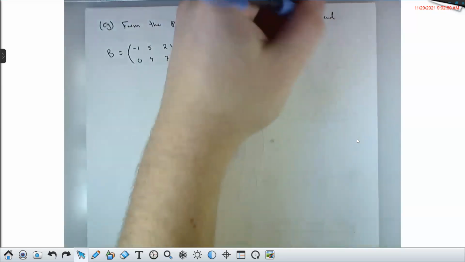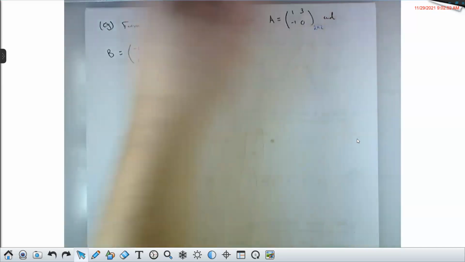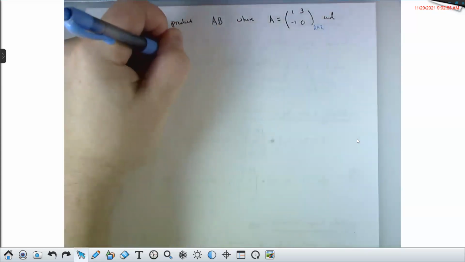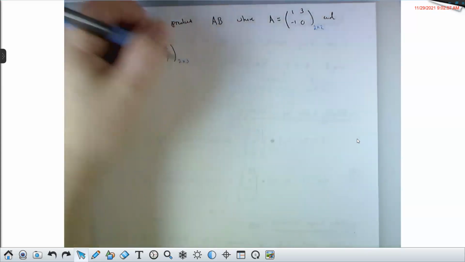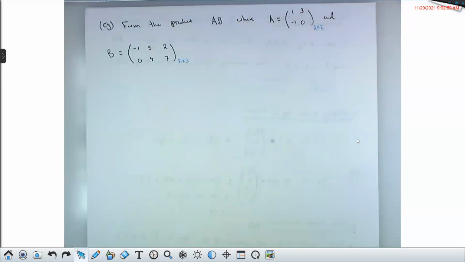I'll just annotate this here. A is 2 by 2. B is 2 by 3. And if I want to multiply A times B, then I need the number of columns of A, which is 2, to be equal to the number of rows of B, which is also 2.